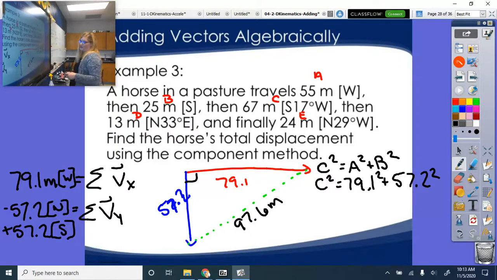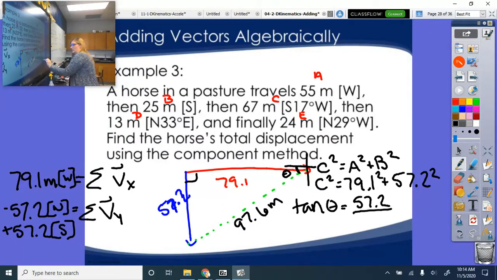But now I need to figure out my angle. So I'm going to figure out if this is where my compass is. I'm going to figure out this internal guy right here. So if I'm solving for this theta, I'm going to use the two numbers that I already had. So my tangent of theta equals my opposite over my adjacent. So 57.2 over 79.1.